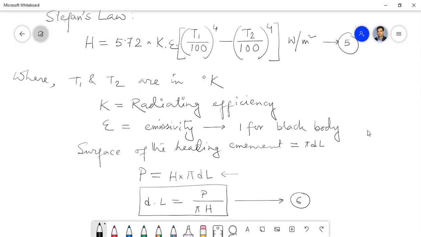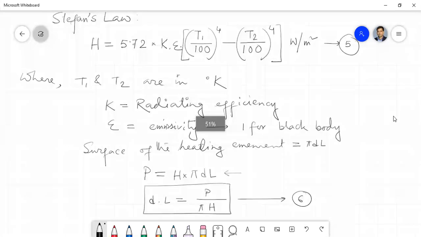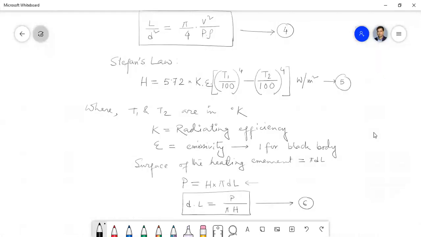That will be required for the heating element design. So these two equations, number 4 and number 6, will be used for designing that particular heating element which has a circular cross section and a length of L.